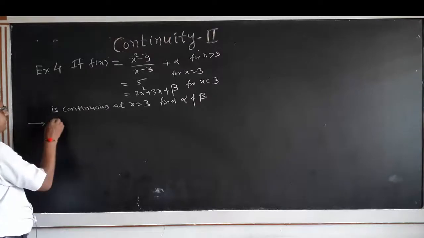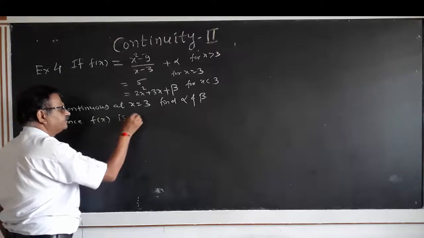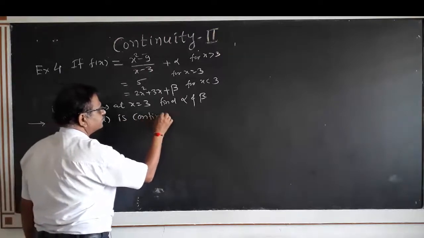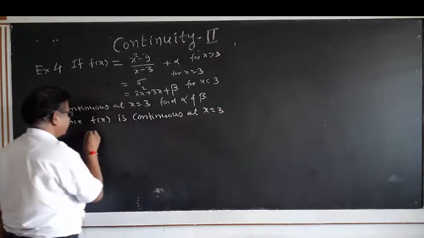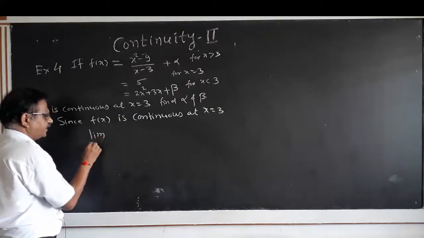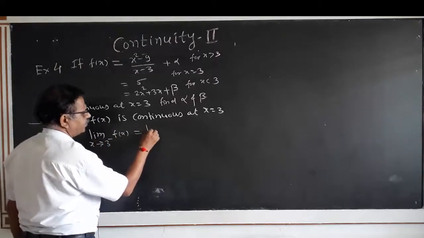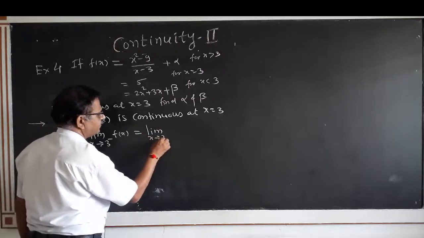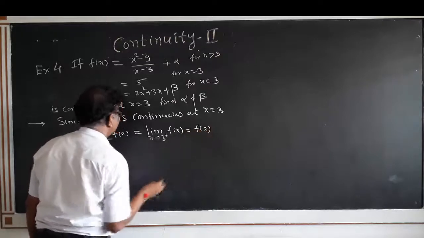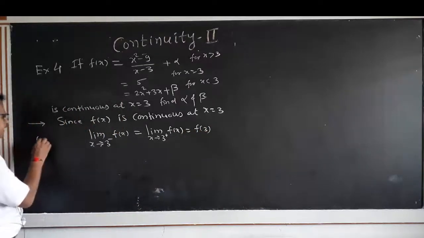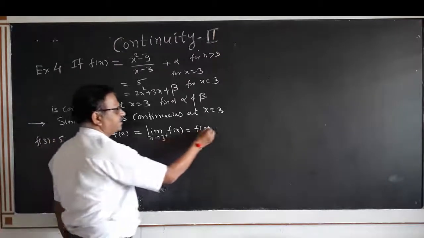It is given that since f(x) is continuous at x equal to 3, we have limit x tends to 3 minus of f(x), that is left hand limit of f(x), equal to limit x tends to 3 plus of f(x) equal to f of 3. But f of 3 equal to 5. Therefore, this is equal to 5.